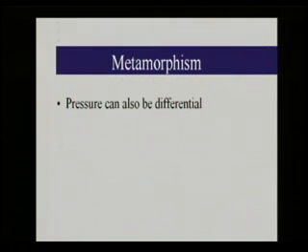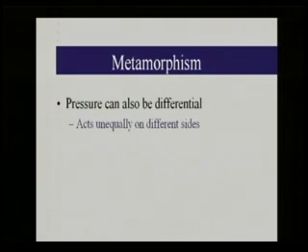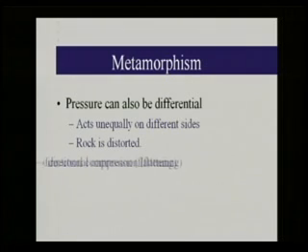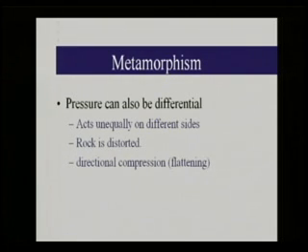Pressure does not have to be confining. It can also be differential, and that means that it acts unequally on different sides of the rock. The rock ends up being distorted because the pressure is not the same in all directions. We can have directional compression that results in flattening, and we can also have shearing.